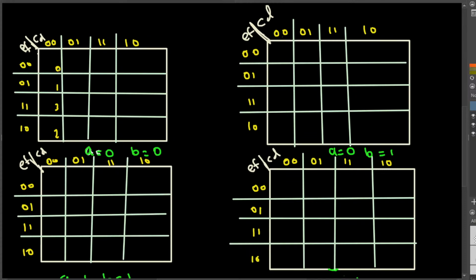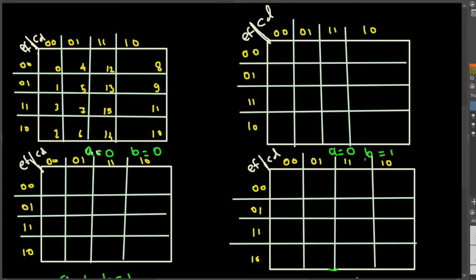Because 0 0 0 0 is 0, 0 0 0 1 is 1, 0 0 1 1 is 3, 0 0 1 0 is 2, and then 0 1 0 0 is 4, 0 1 0 1 is 5, 0 1 1 1 is 7, 0 1 1 0 is 6, 1 1 0 0 is 12, 1 1 0 1 is 13, 1 1 1 1 is 15, 1 1 1 0 is 14, 1 0 0 0 is 8, 1 0 0 1 is 9, 1 0 1 1 is 11, 1 0 1 0 is 10. Okay, so we have taken care of this one.